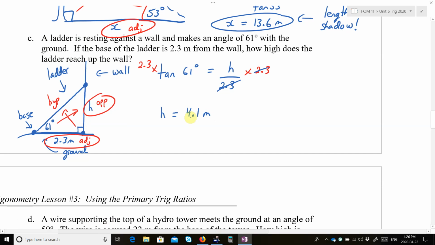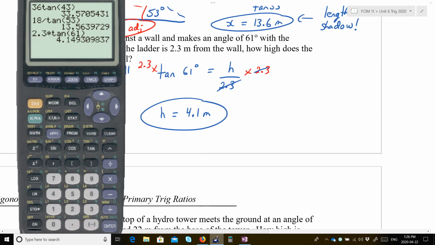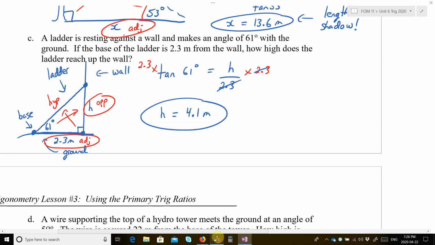And that's going to be in meters because we were given that the base of the ladder is 2.3 meters from the wall. Okay, and so the ladder reaches up the wall 4.1 meters. Okay, and I notice in the answer key they've got 4.2. Again, that's just a small rounding mistake there because there's a 4 beside the 1, so that should stay as 4.1.